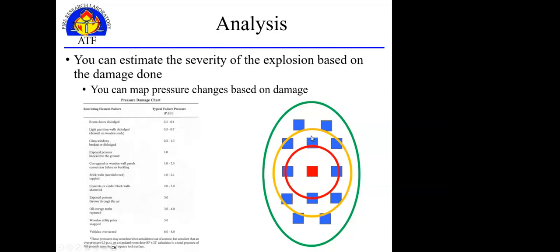So we know that windows were broken this far out. We had room doors dislodged at 1/3 of a PSI, so we had doors dislodged at this radius. We had people thrown through the air at 3 PSI, so that was the limit here. And so you could actually map the pressure differences with distance from your origin, and it's a way of working your way back towards that epicenter or ignition source.